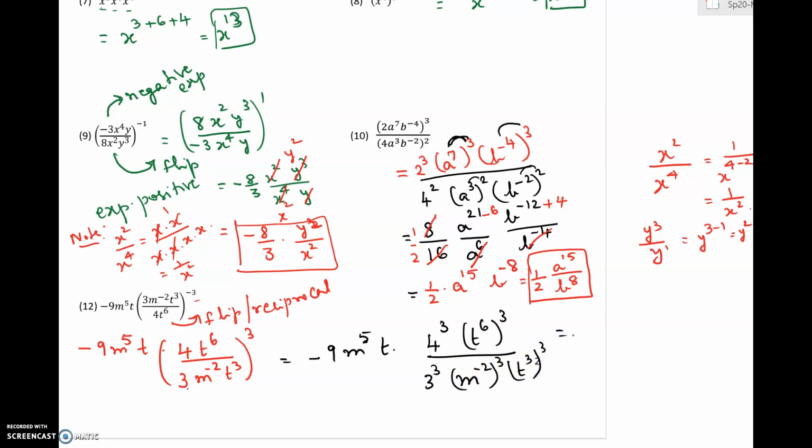So now it will be negative 9 m to the power 5t, then 4 cubed, which is 64, 4 times 4 times 4, then t to the power 6 times 3, which is 18, divided by 3 cubed, which is 27, 3 times 3 times 3, then m to the power negative 2 times 3, which is negative 6, t to the power 3 times 3, that will be 9.